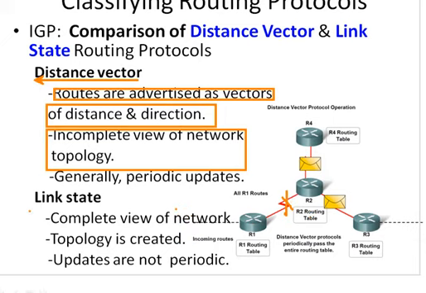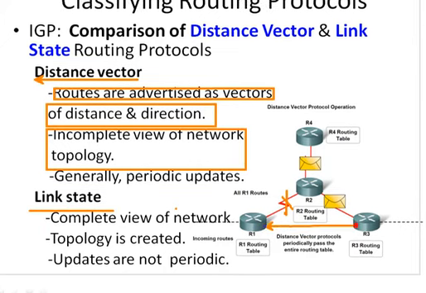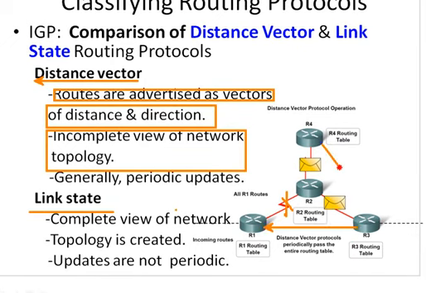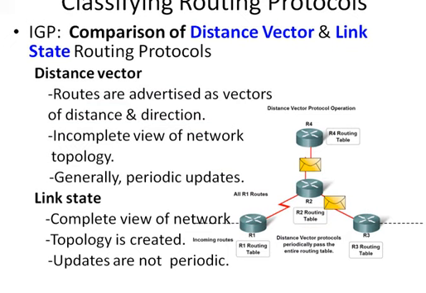But with the link state protocol, there is a complete view of network topology. If it is connected via here also, this router has the complete network topology, how we can reach from here to here via this path or otherwise.